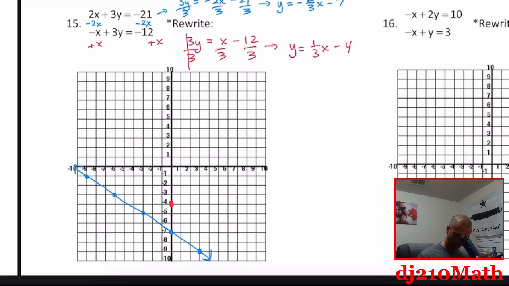Up 1 over 3. Okay, so the solution, there's only one solution. Right here. One solution, which is negative 3, negative 5.